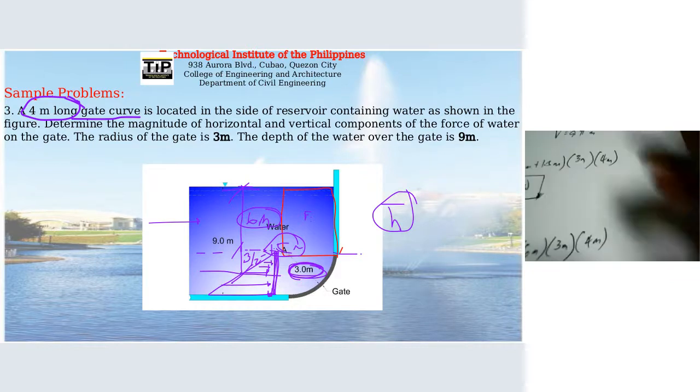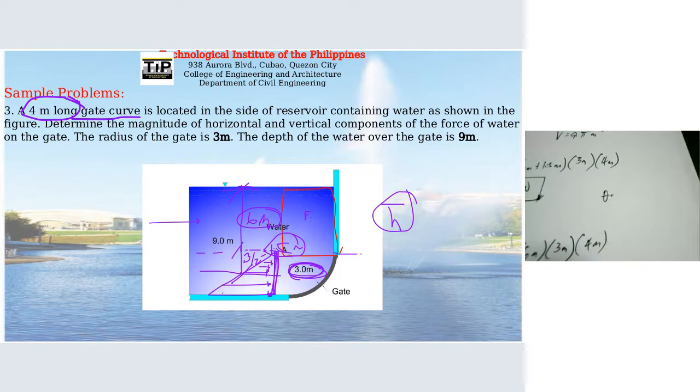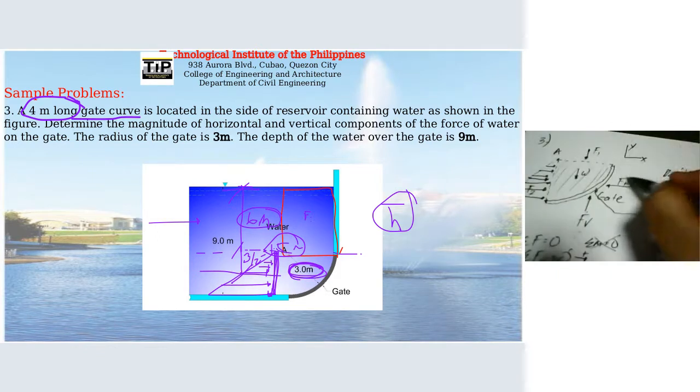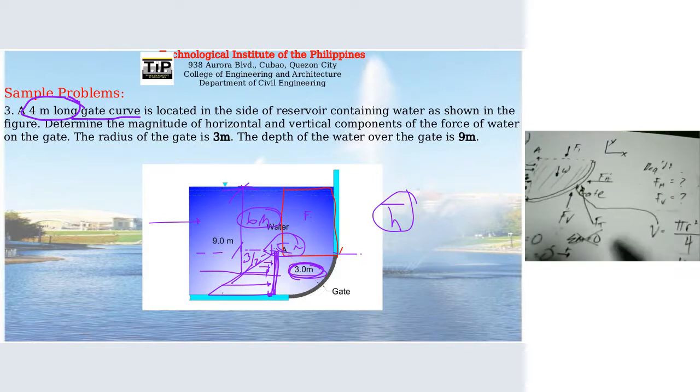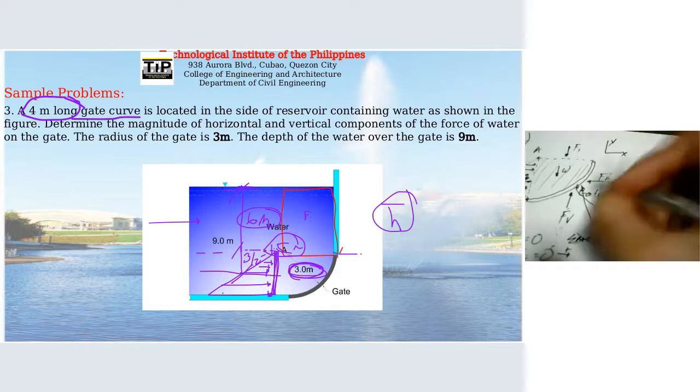What if the problem asks for the angle? Okay, so you have here the vertical and horizontal components. Ito yung F sub T natin na may magnitude na 1,321.8 kilonewtons.